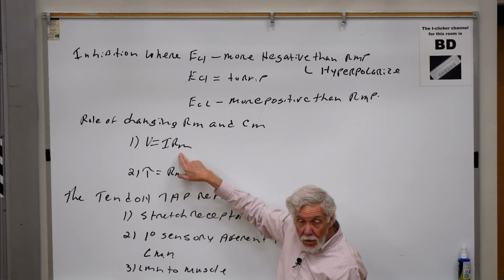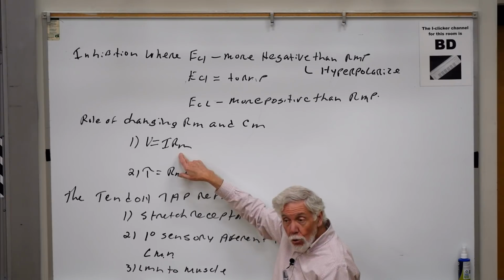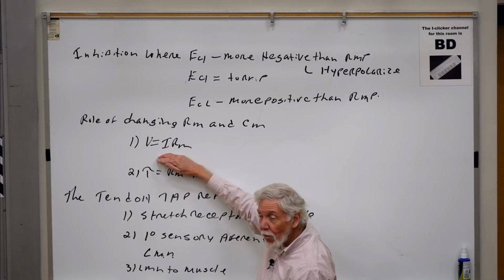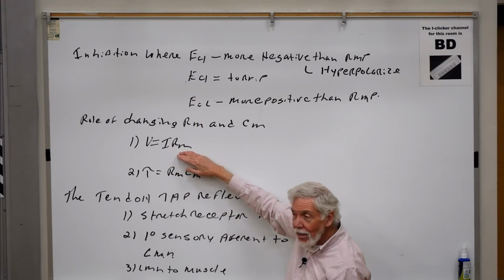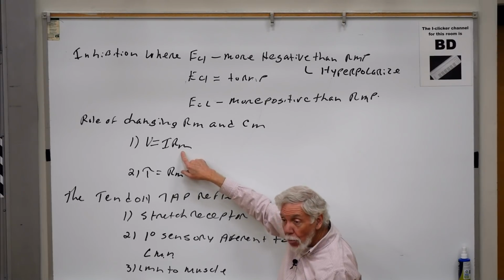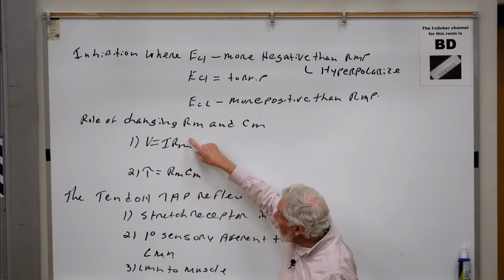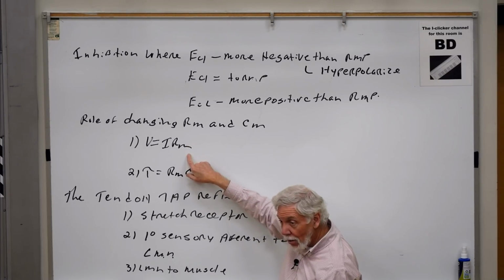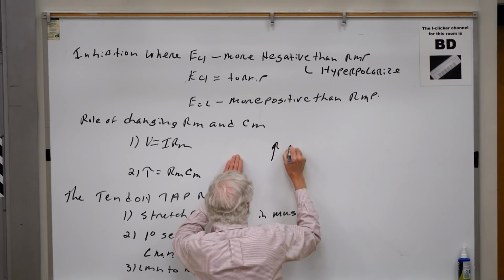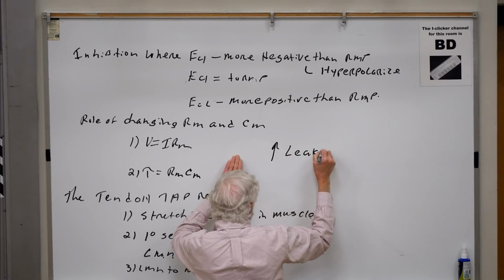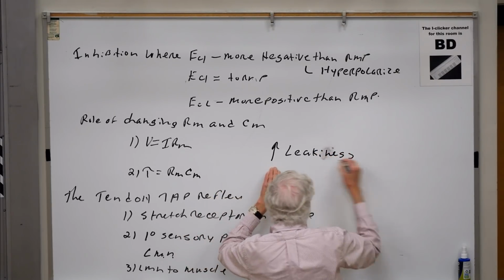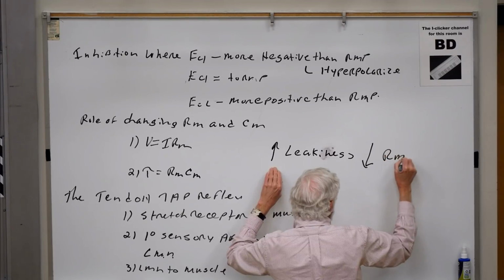But the beauty of this system is we now have a means, through the use of inhibitory neurotransmitters and inhibitory neurons, to regulate the number of chloride channels that are open and thereby regulate the membrane resistance. So now if we make the membrane leakier, and so that means this number becomes smaller, so we can say here that an increase in leakiness reduces R sub m.